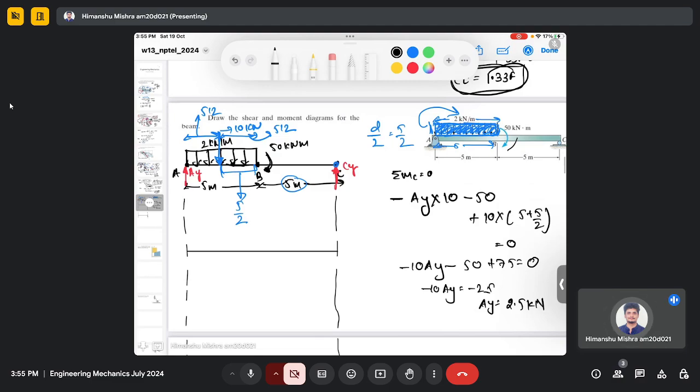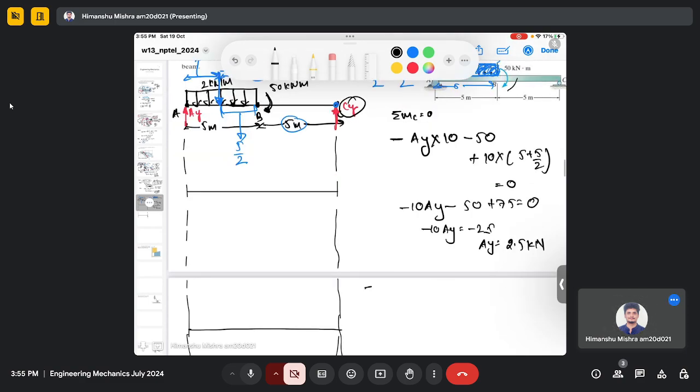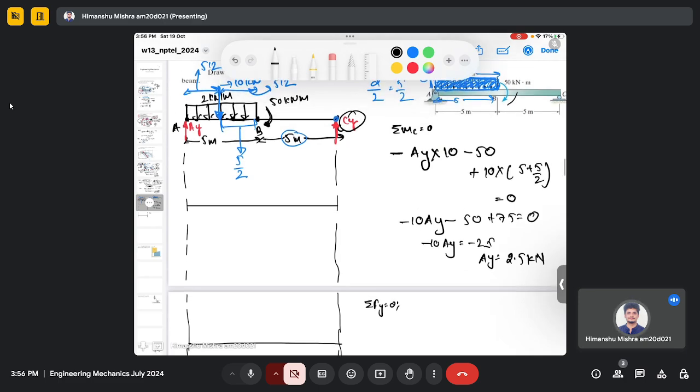Then we can calculate this unknown force Cy by just force balance analysis, where we balance the force in the vertical direction. So AY was 2.5 minus the equivalent point load, which is 10, plus Cy.